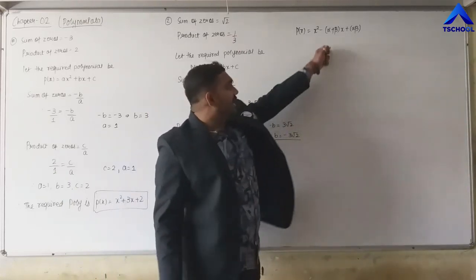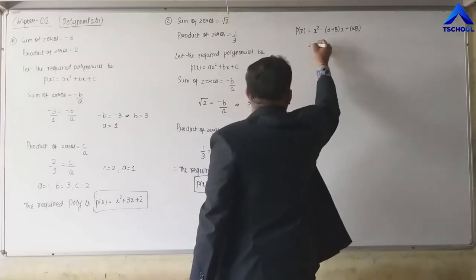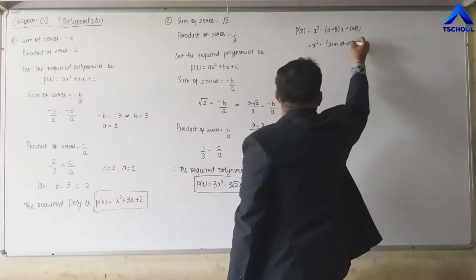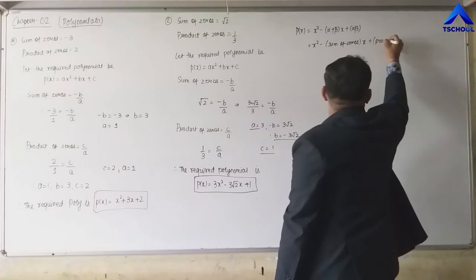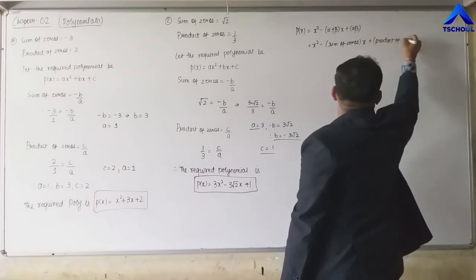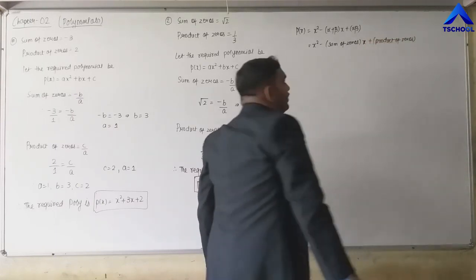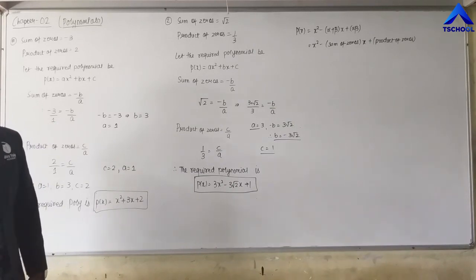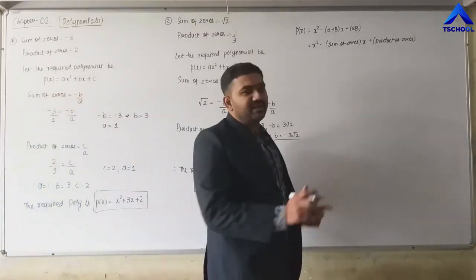Or you can also write it as x square minus sum of zeros into x plus product of zeros. Note that this x is multiplied by the sum of the zeros, not with the product of zeros. So don't make a mistake over there.